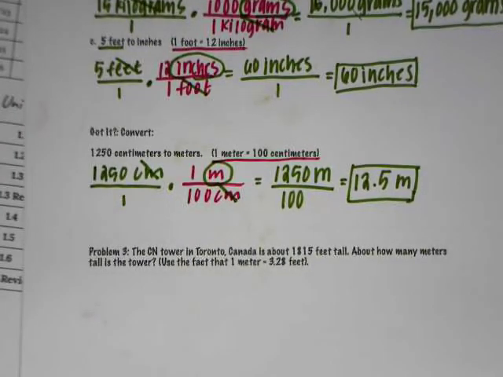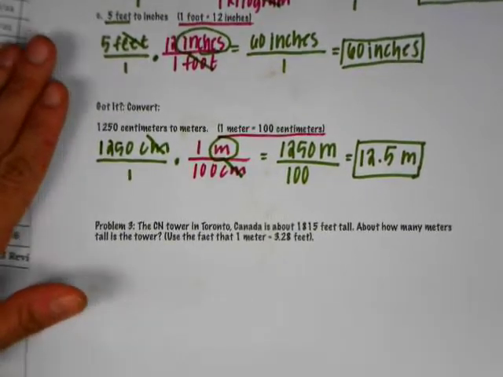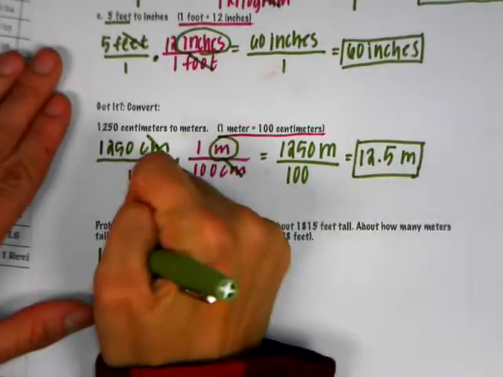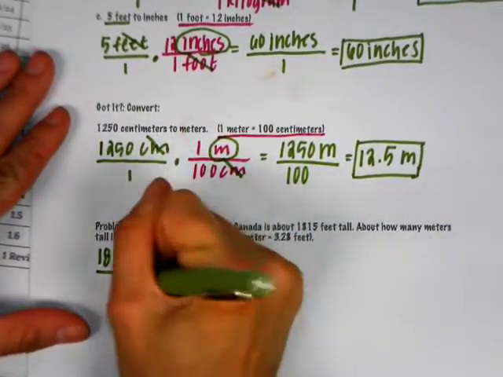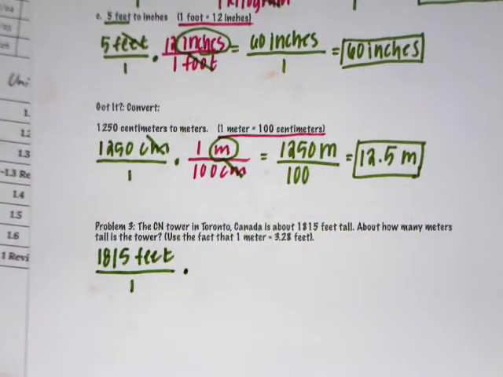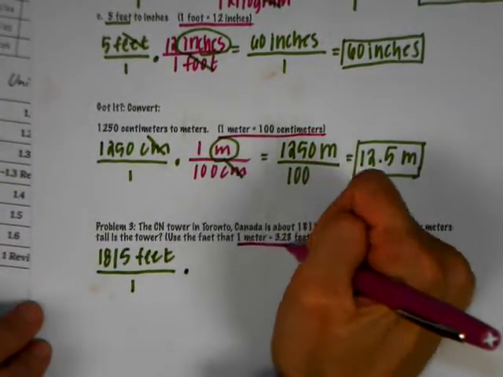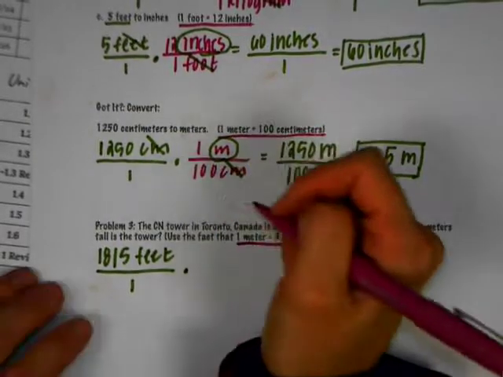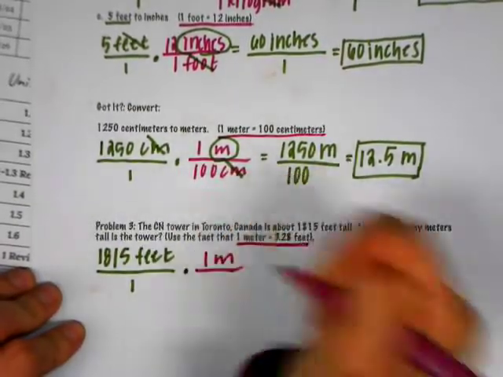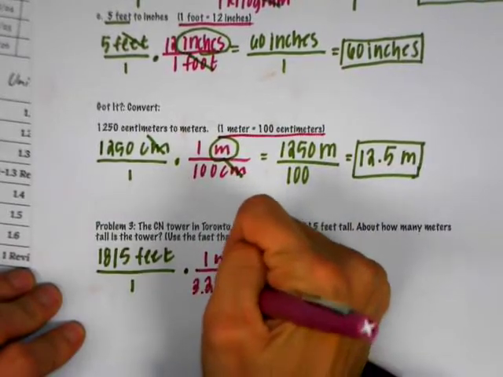Problem 3. The CN Tower in Toronto, Canada is about 1,815 feet tall. About how many meters tall is the tower? And then it gives you the conversion factor. So what are we starting with? 1,815 feet. Let's put your little placeholder 1 in there. Then the relationship between meters and feet is right there. Where is meters going to go? At top, yeah. 1 meter, 3.28 feet.